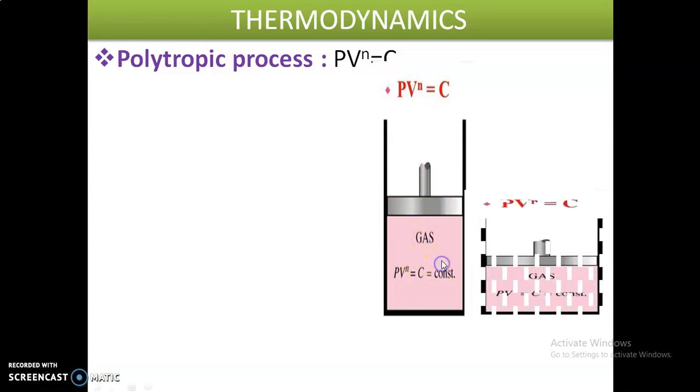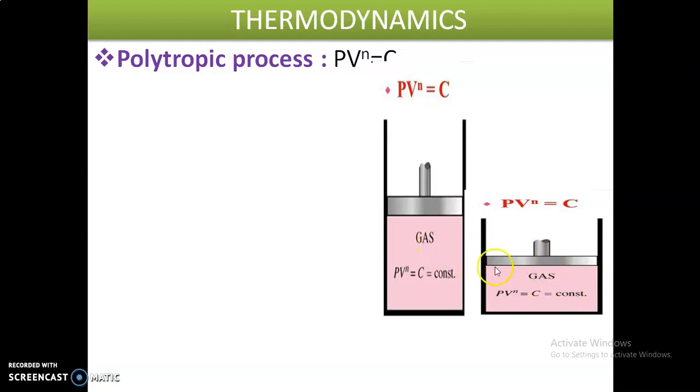At stage 1, we have pressure P1, volume V1 and temperature T1. After compressing the gas, we will have a different volume, temperature and pressure. At stage 2, we have pressure P2, volume V2 and temperature T2.